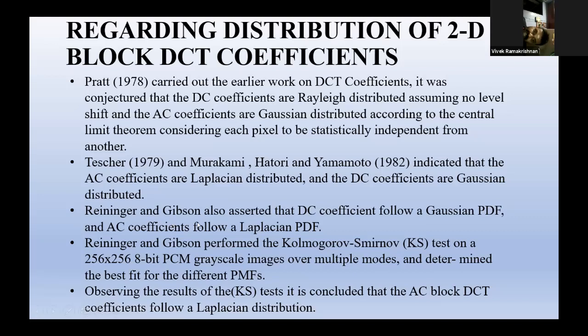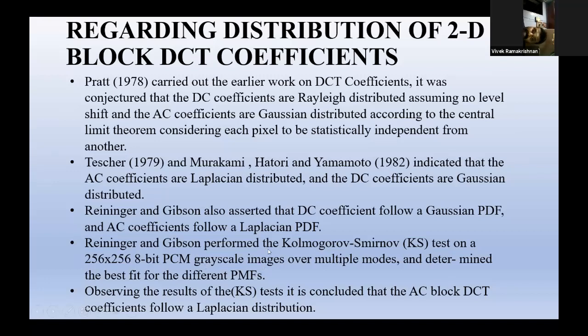Then Reininger and Gibson asserted that DC coefficients follow Gaussian and AC coefficients follow Laplacian. So there were a lot of arguments and experimentation going on. Then again, it evolved that there are multiple modes, and you can find the probability mass function. They performed the Kolmogorov-Smirnov KS test on a 256 by 256 8-bit PCM grayscale image and determined the best fit for the different PMFs, because people were coming ahead saying this is Gaussian, that is Laplacian, or this is Laplacian, that is Gaussian.